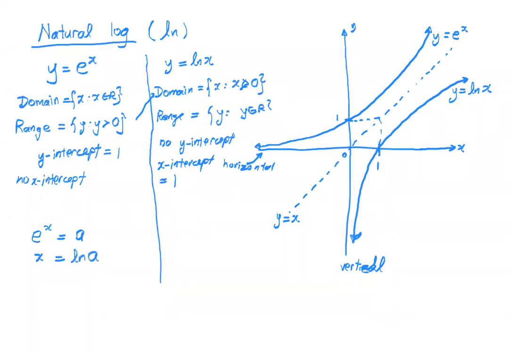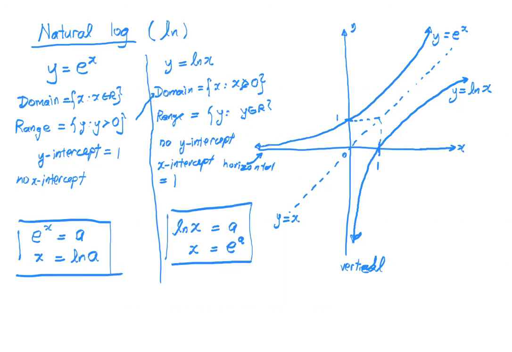If I have only a single log term equal to a number, then I can find this unknown x by turning it to e to the power a. Are you clear? So changing this is a very important thing to take notes also. Any further question? Before I teach you how to find the domain, range and so on about the natural log function.